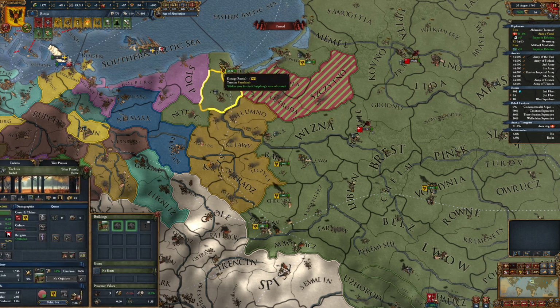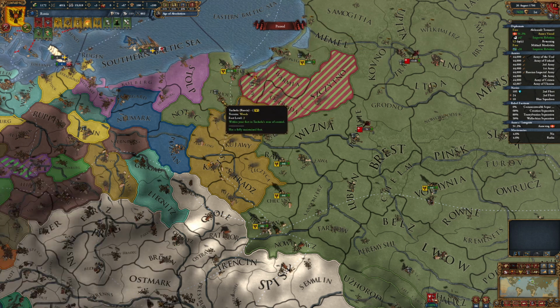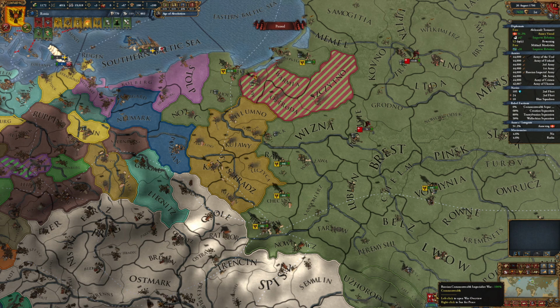And the more provinces you have which they have a core or claim on, especially core, then they are going to get that very often, which is severely annoying.